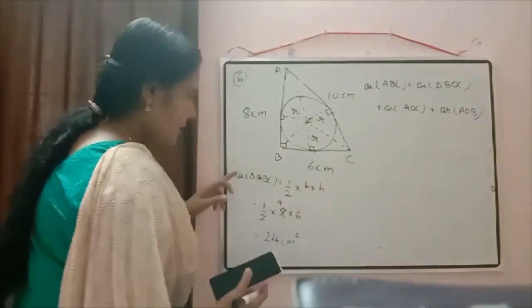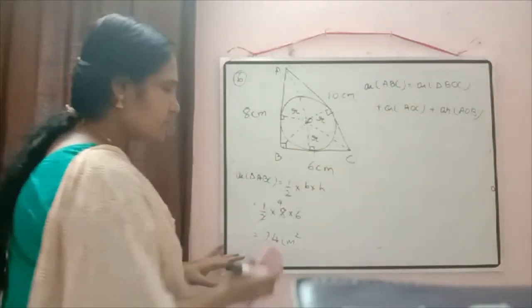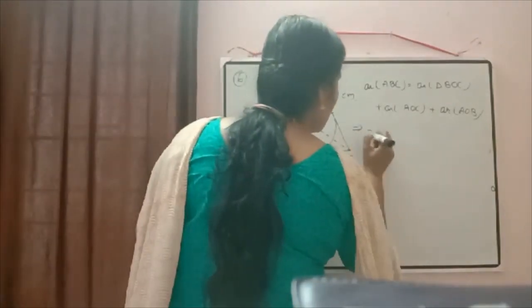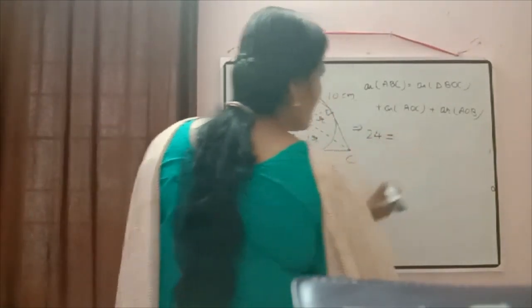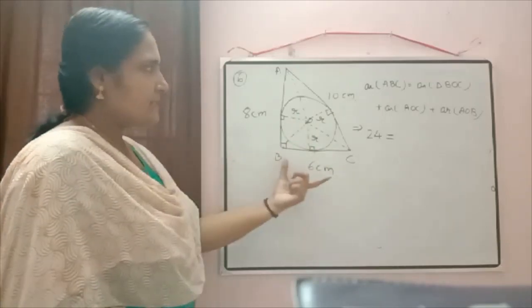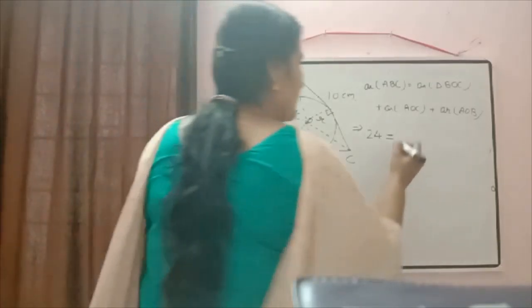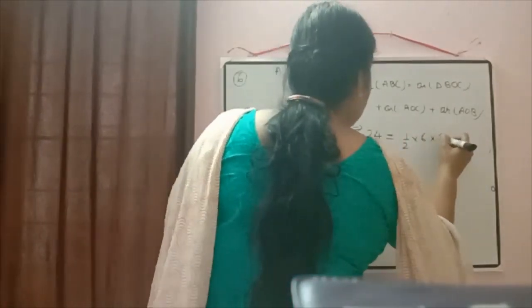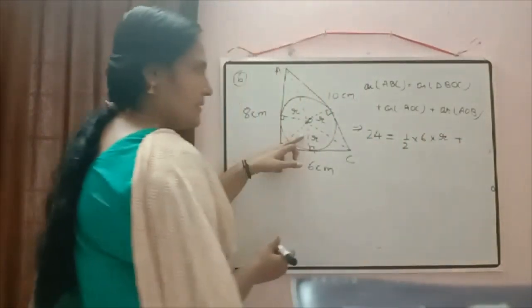Okay, written. Now area of triangle ABC, just now we have calculated 24. So in left hand side we can write down there 24 is equal to area of triangle BOC. BC already given 6 centimeter. So half into base into height. Height is radius that we are calculating there.